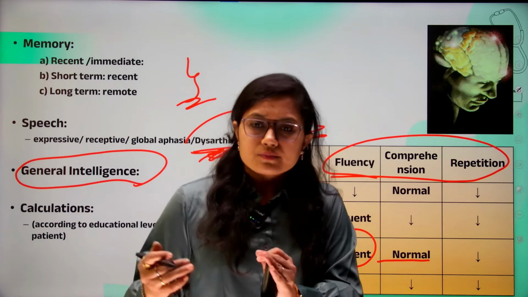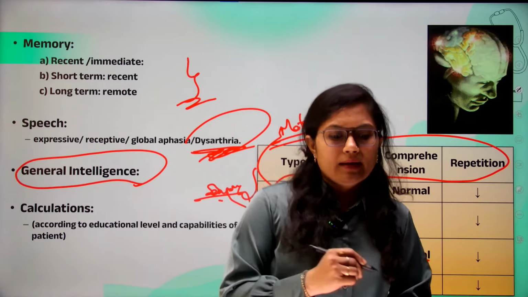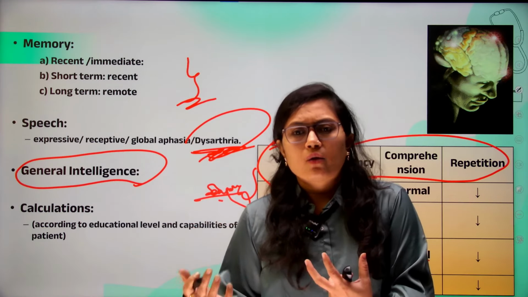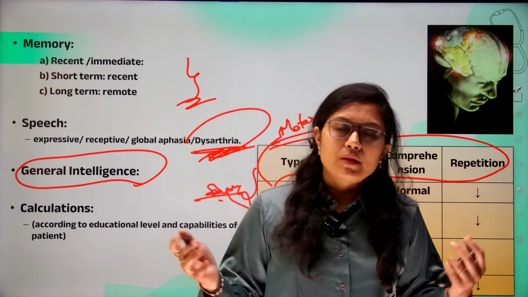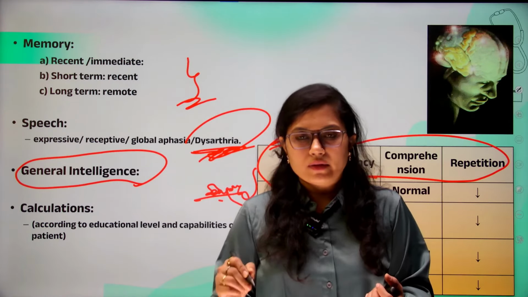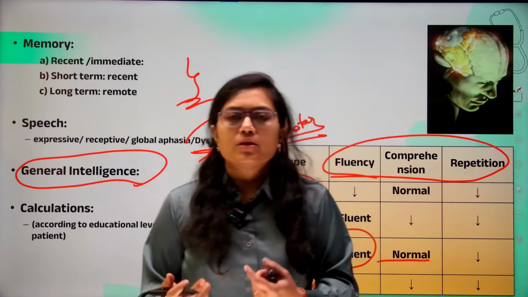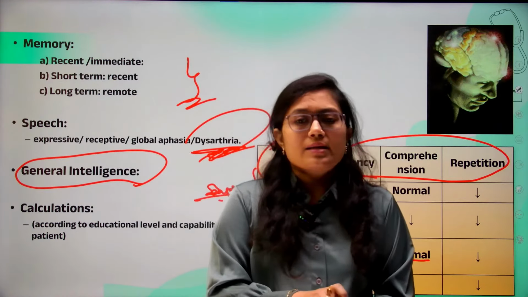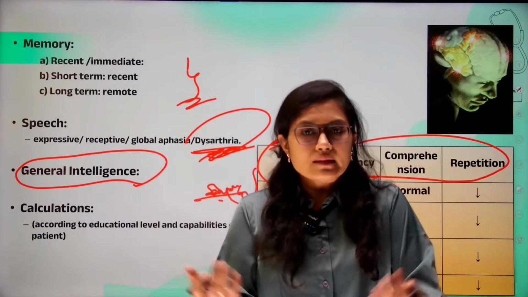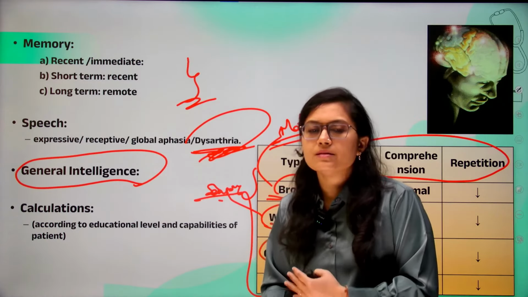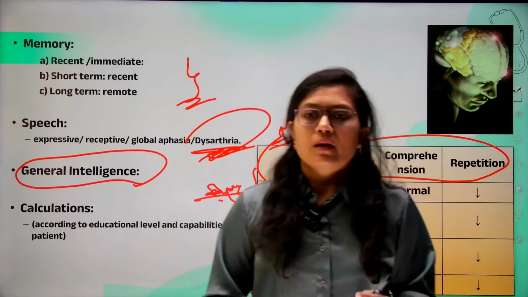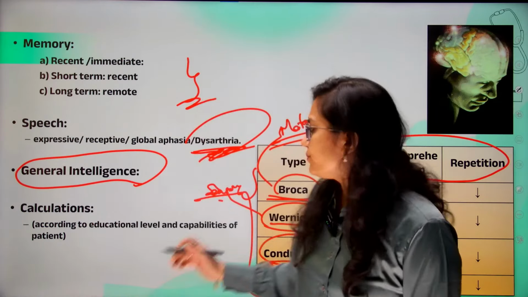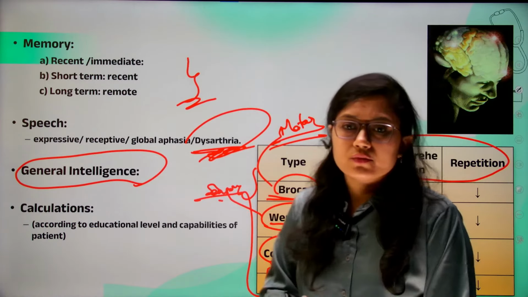But if I am writing and there is so much noise going on in the background, and that still doesn't affect me and I keep writing, that is my selective attention. I am focusing on writing, that is my selection, and I am ignoring the other things. So this is about sustained and selective attention. I hope it is clear now.